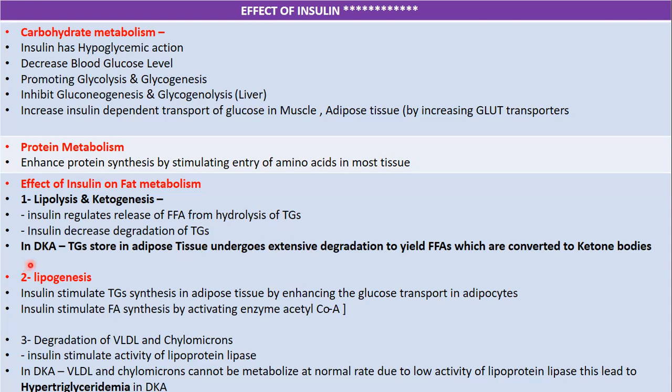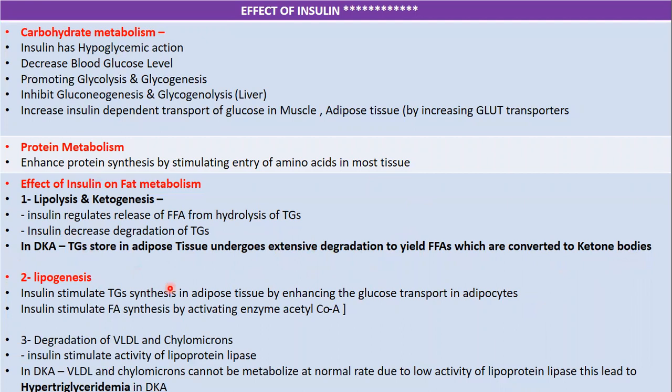When the patient has diabetic ketoacidosis, the triglycerides stored in adipose tissue undergo excessive degradation, leading to free fatty acids, which are converted to ketone bodies, and excessive ketone bodies ultimately lead to diabetic ketoacidosis. So, as in the first slide's definition, in diabetic ketoacidosis there might be a high concentration of ketone bodies in the bloodstream.